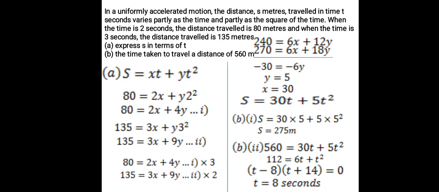Express s in terms of t. S in terms of t is s is equal to 30t plus 5t squared. B. The time taken to travel a distance of 560 meters. The time is 8 seconds.